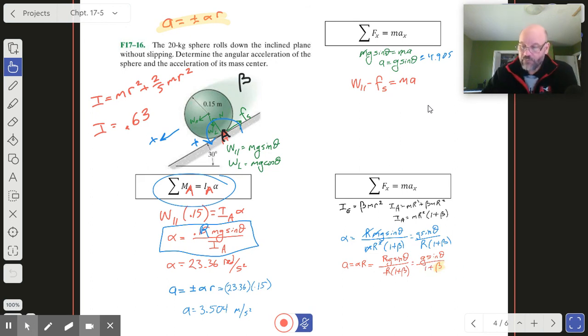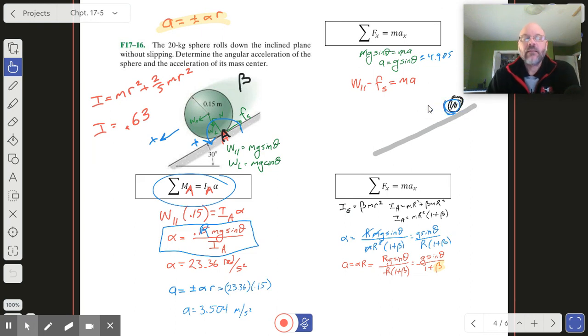And so if we were on campus, if we were in class, I would do a demonstration for you where I take a hoop and a disc and put them side by side. A disc here, it's a solid disc. And then right next to it, a hollow hoop.